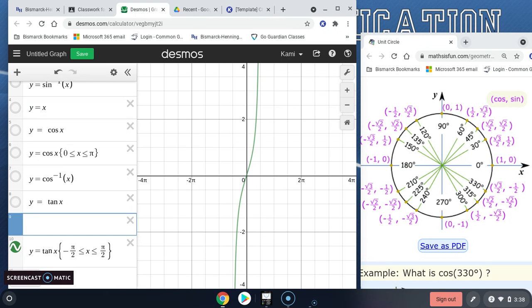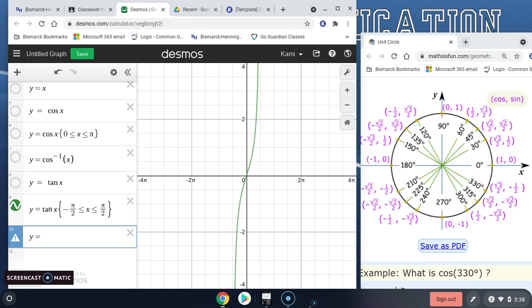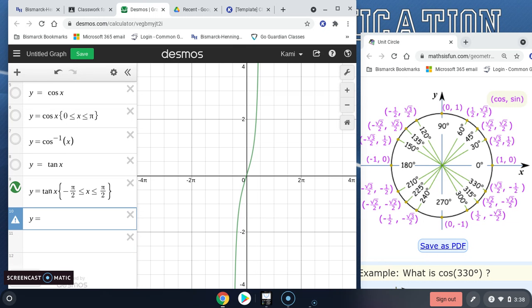I forgot to type in the equation, so I'm going to just type in tangent caret -1 x, and there is your inverse tangent.